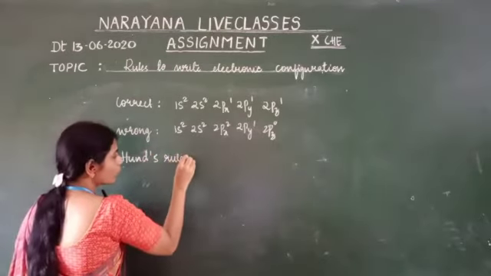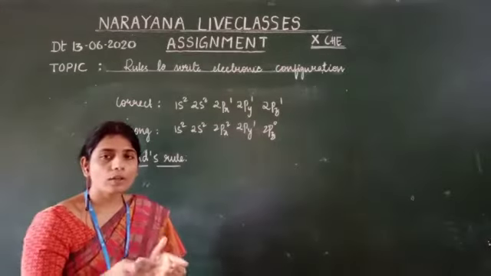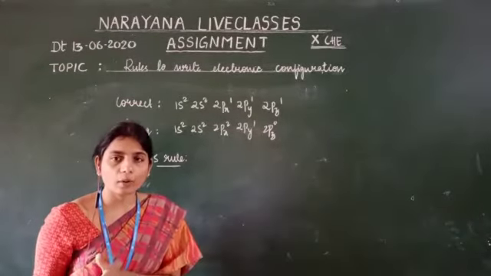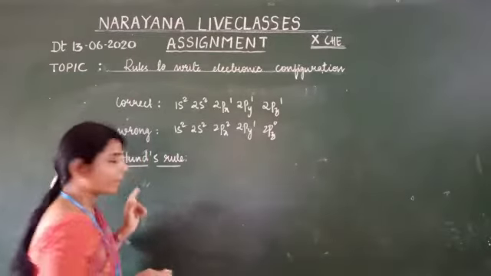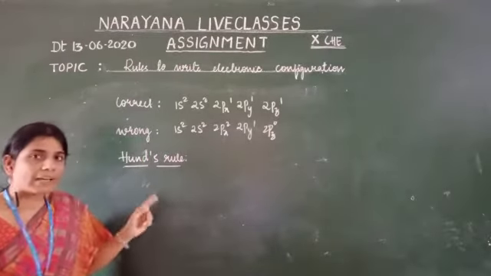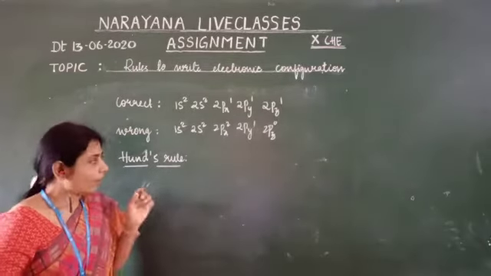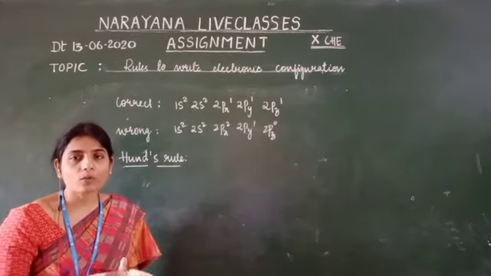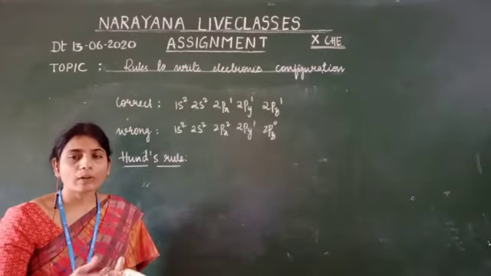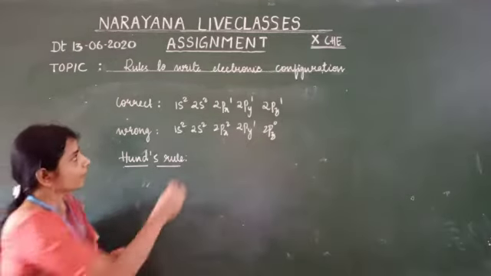According to Hund's rule, while we are filling the electrons, all the available degenerate orbitals have to be singly filled. Once again I am repeating the rule: while filling the electrons, according to Hund's rule, all available degenerate orbitals have to be singly filled. Then only electron pairing starts taking place.